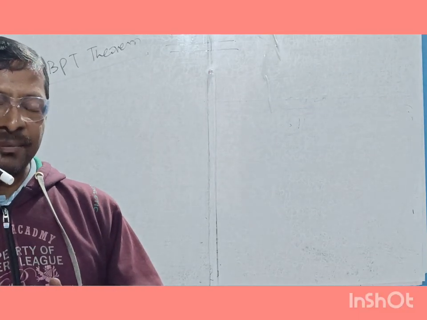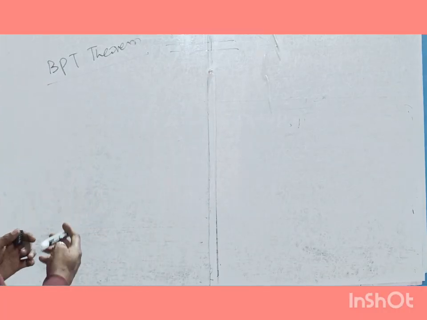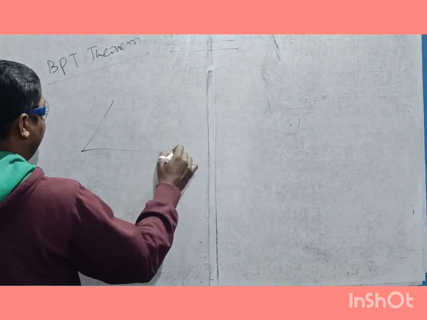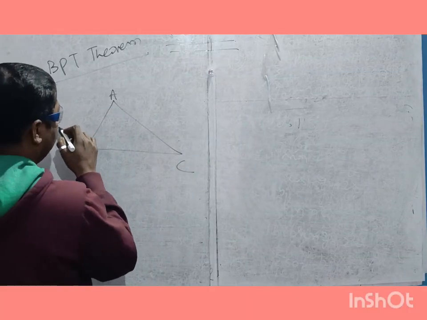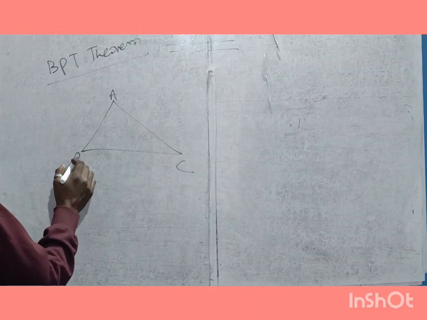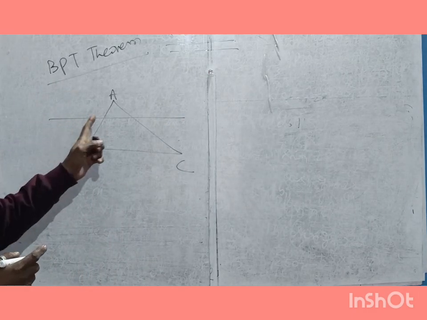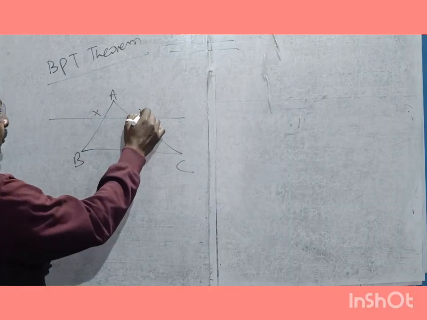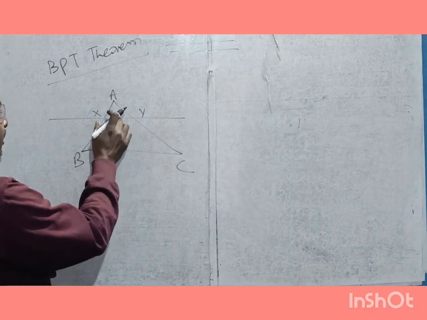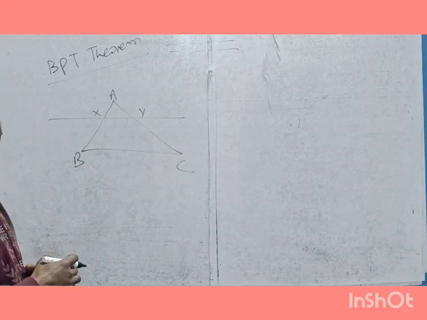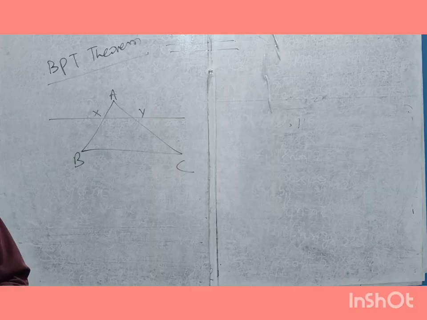It means if a line parallel to one side of a triangle, suppose ABC triangle, intersects the other 2 sides at 2 different points, then this parallel line intersects these 2 sides in the same ratio. This is the Thales theorem or BPT theorem.